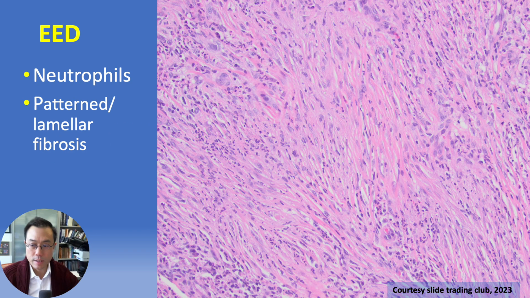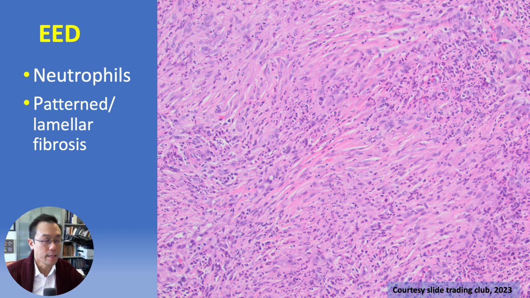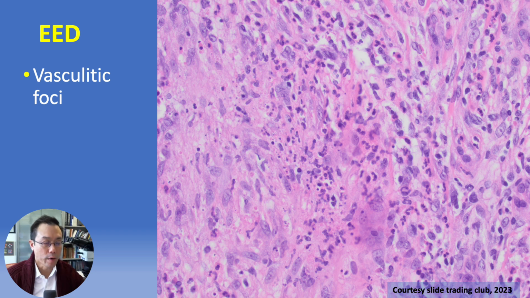Scattered neutrophils amidst patterned or lamellar fibrosis characterize the entirety of this nodular lesion, with occasional foci more recognizable as conventional LCV with nuclear dust and variable fibrin.